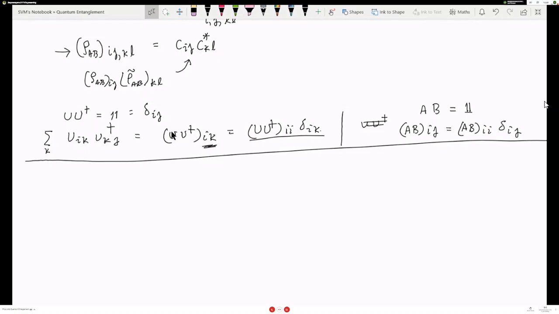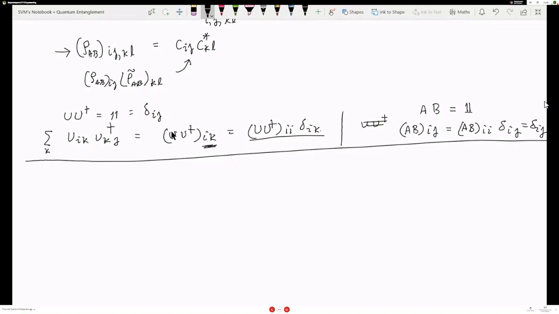So this is valid for any diagonal matrix. If AB equals identity, then AB of II equals 1. Yes, if it is identity, then it is simply 1, so this is basically equal to delta IJ.